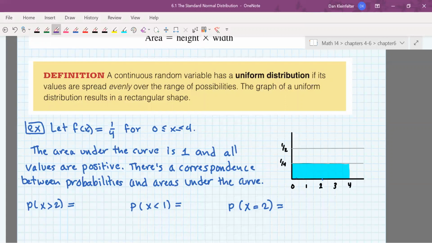If we want to know the probability of getting an x value that is larger than 2, that would correspond to this rectangle, larger than 2, right? So that is going to have probability 1/2.